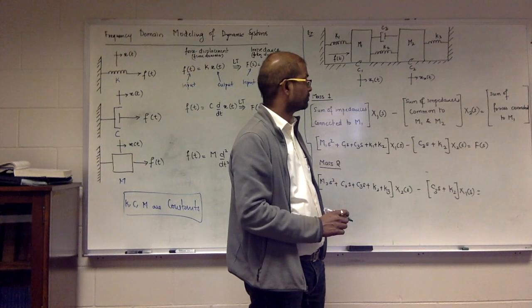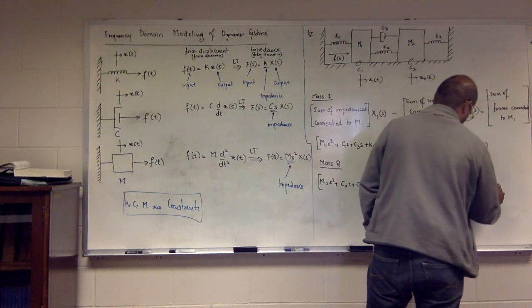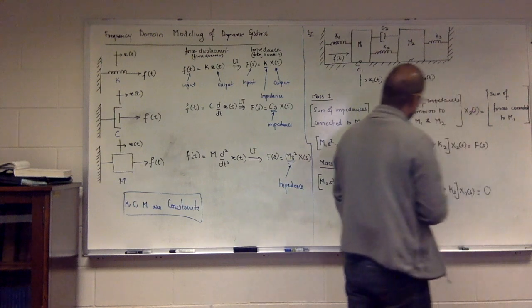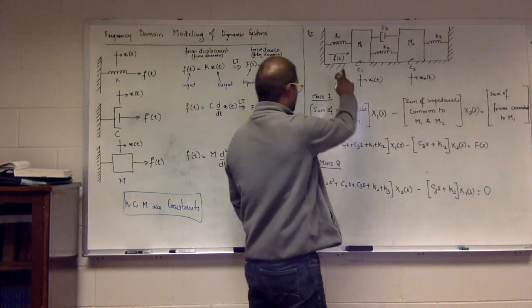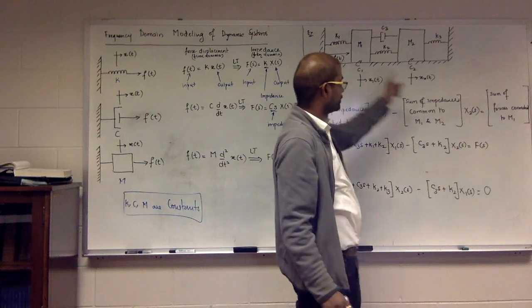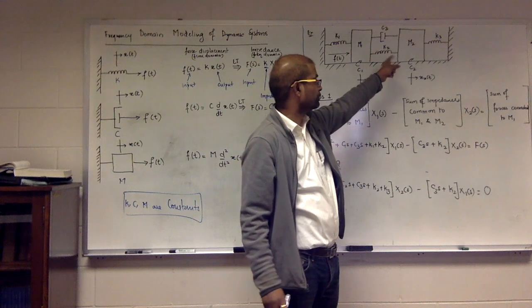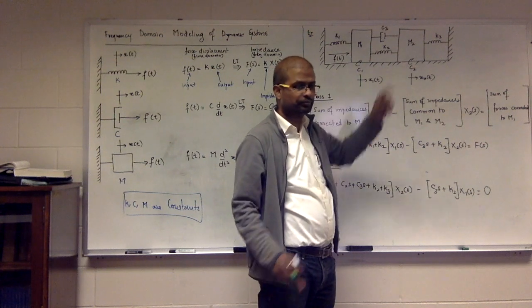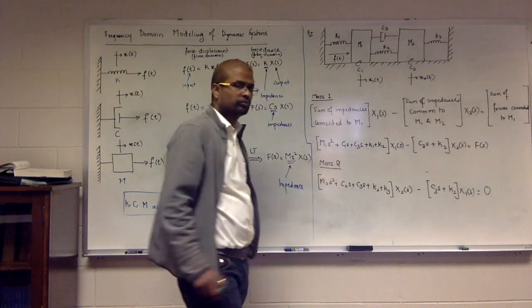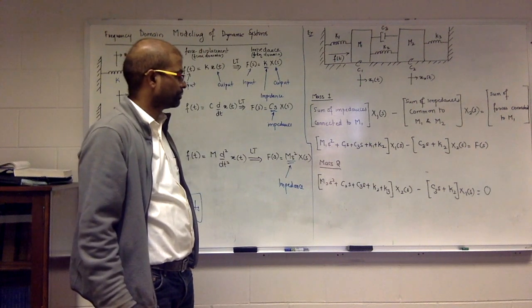So it'd just be F of S. There is no force, right? Only force is here. That's right. So the impedance of force is F of S. There are no forces connected to M2. You see? Oh, yeah, I see what you're saying.